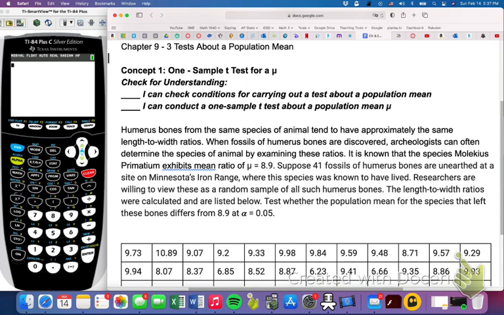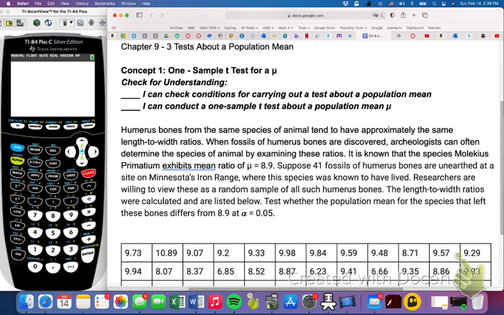So let's jump in. Humerus bones from the same species of animal tend to have approximately the same length to width ratios. When fossils of humerus bones are discovered, archaeologists can often determine the species of animal by examining these ratios. It is known that the species Moschus primatium exhibits a mean ratio of mu equals 8.9.